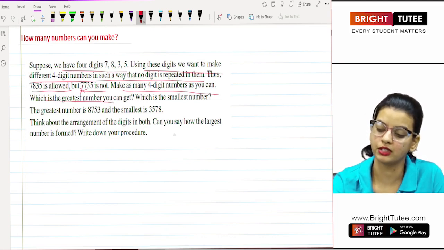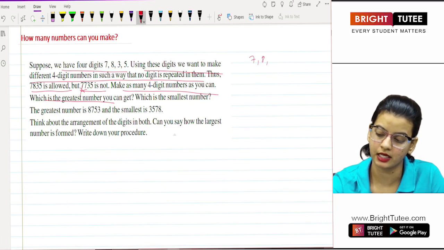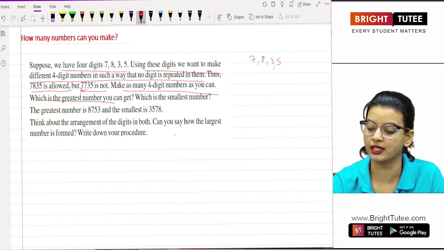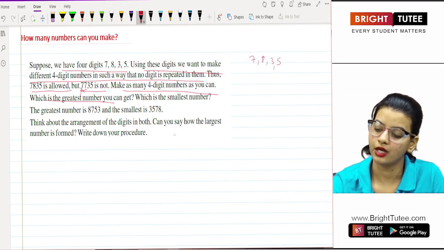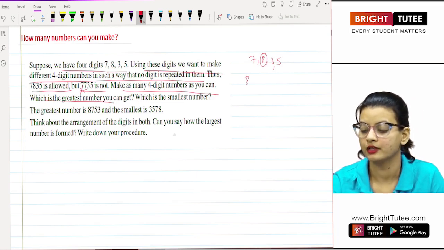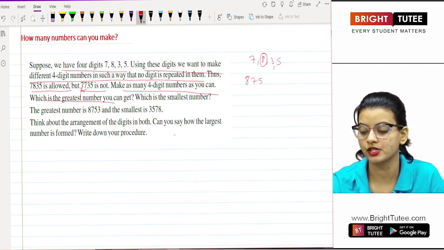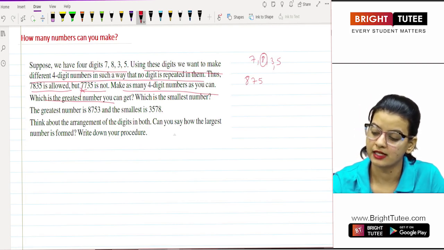What are the digits that we have? We have 7, 8, 3 and 5. Now which is the greatest number that we can get? If I put the greatest digit in the thousands place, that is 8, then the next greater digit in the hundreds place, that is 7, then the next greater digit in the tens place, that is 5, and then the smallest digit in the ones place, that is 3.